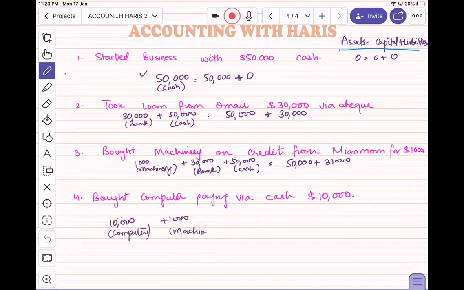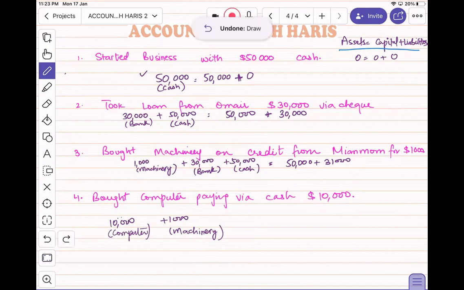Now you should also ask yourself, how are we getting this computer worth $10,000? We are getting it by paying cash. Is it written that the business bought this computer on credit, or the owner is bringing this computer? No, the business is buying this computer through its own cash that it has.